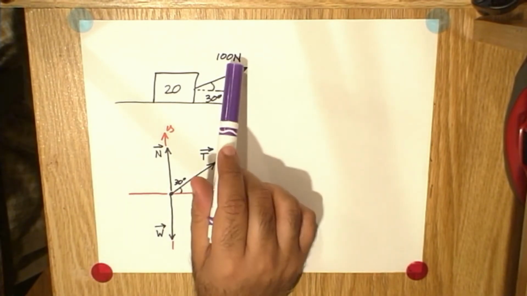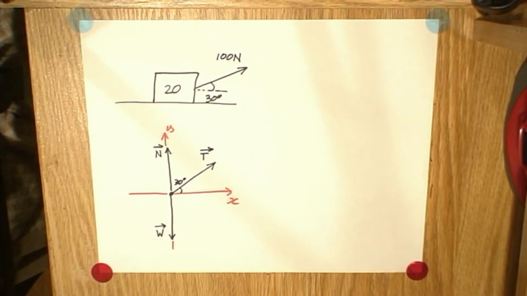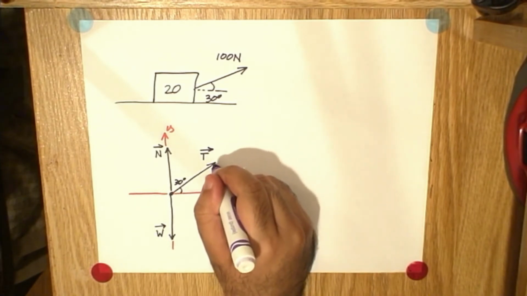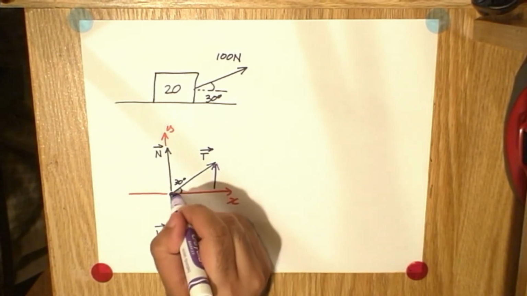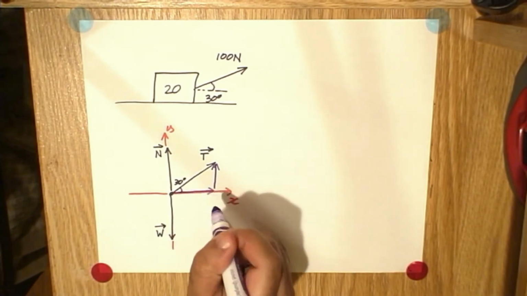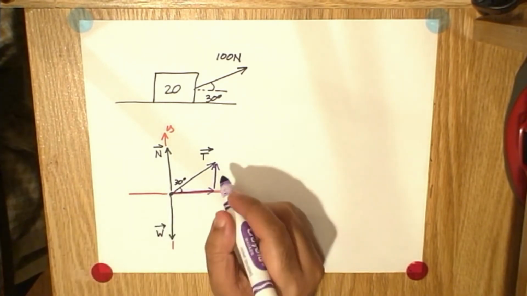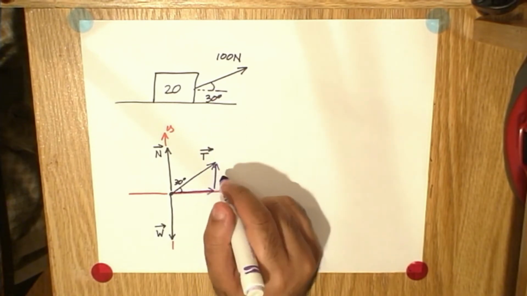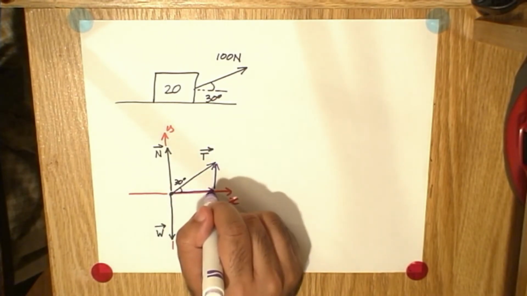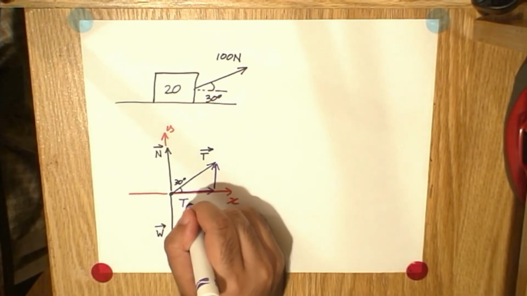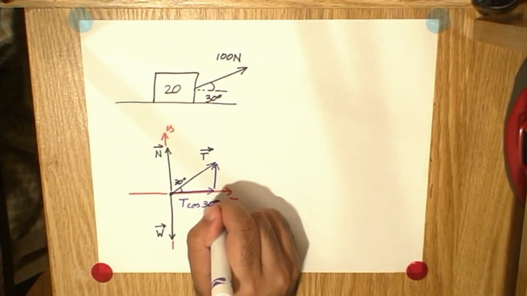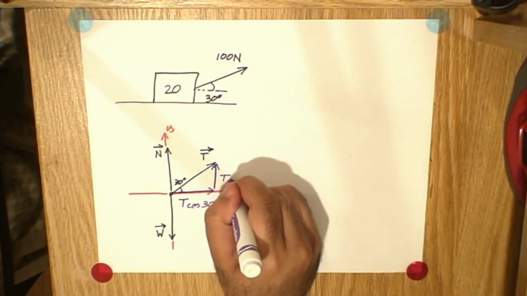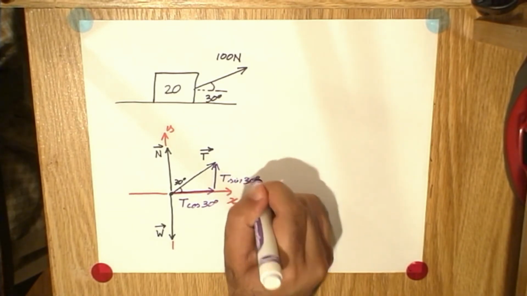The tension force is now 100 newtons at an angle of 30 degrees. So we just need to convert this from polar into Cartesian. The horizontal component of this force would be T cos 30 degrees, and the vertical component T sine 30 degrees.